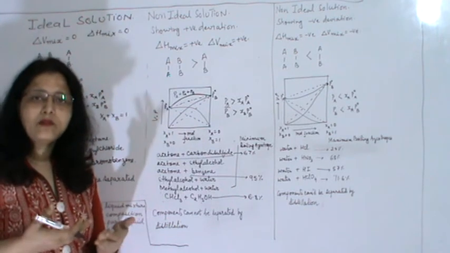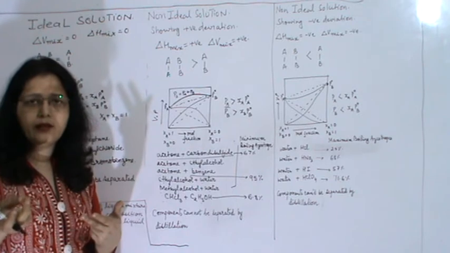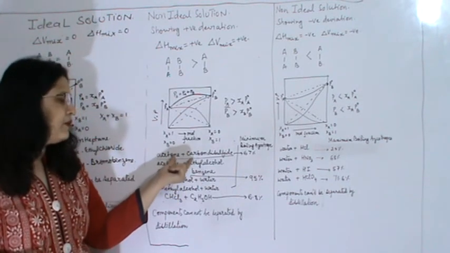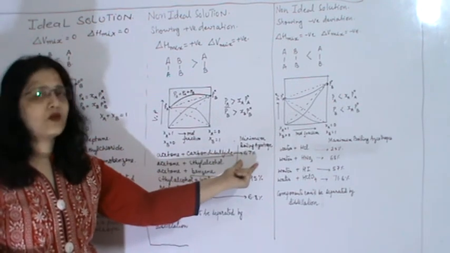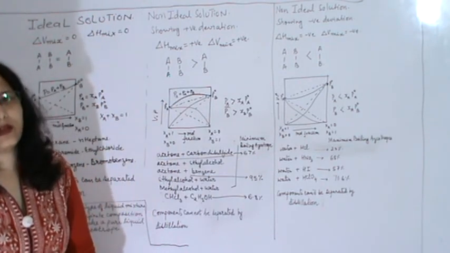Whenever you boil them, they will boil, but the mixture you are getting in your flask will always contain acetone and carbon disulfide in this composition, where carbon disulfide will always be 67%.